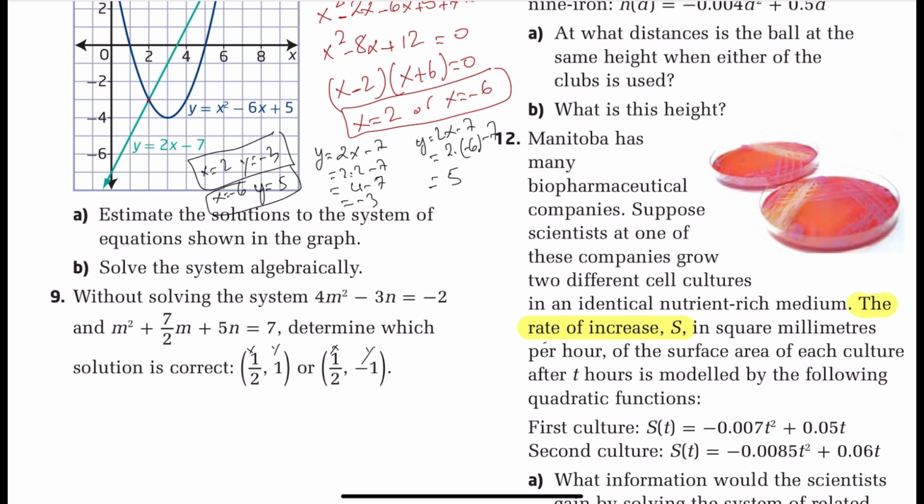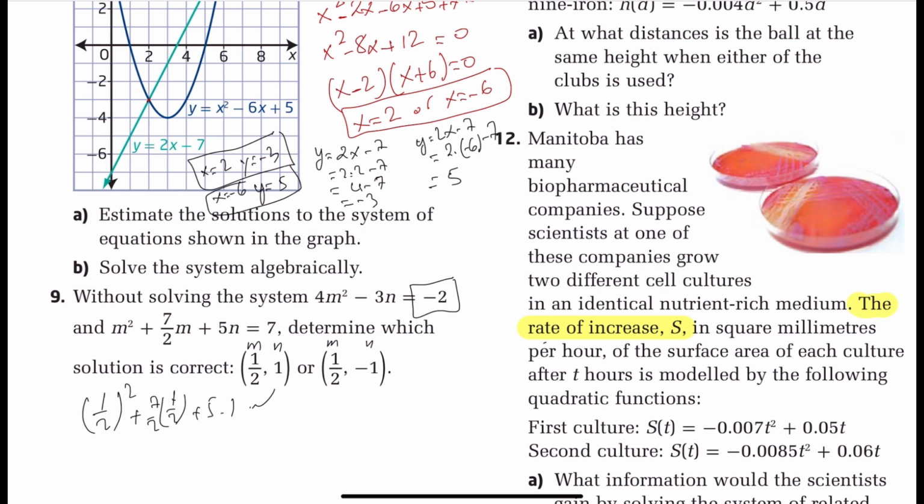So I will just substitute my x, a half. In our case it's not x and y, but it is m and n. So this is my m and this is my n. The first one I will put a half squared plus 7 over 2 times a half plus 5 times 1. And if I get minus 2, that means the answer is correct.